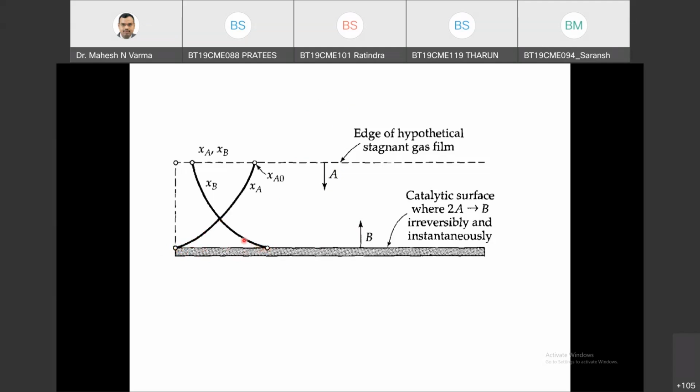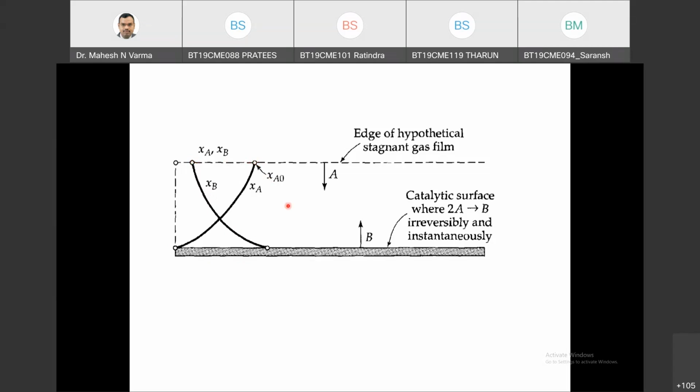Slowly, XB will be decreasing, and here XB will be the smallest. Say, for example, XB0 is 0.2, so XA0 will be 0.8. So this is what the expected concentration profile looks like.